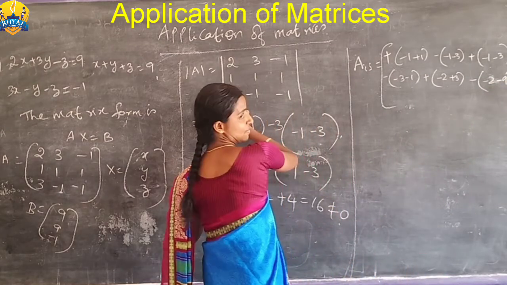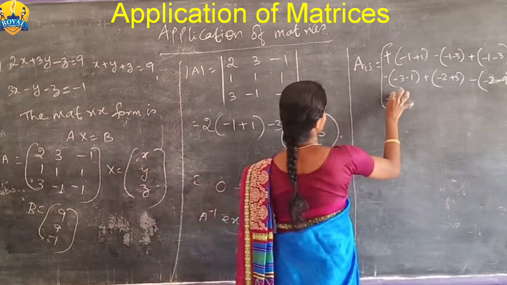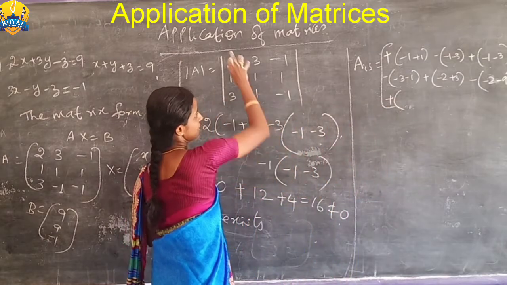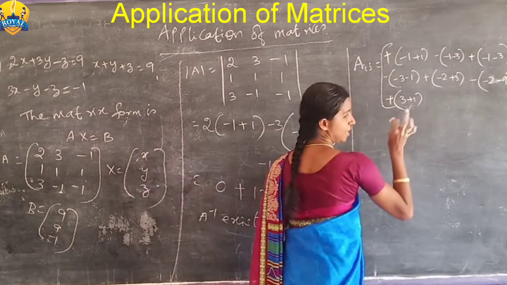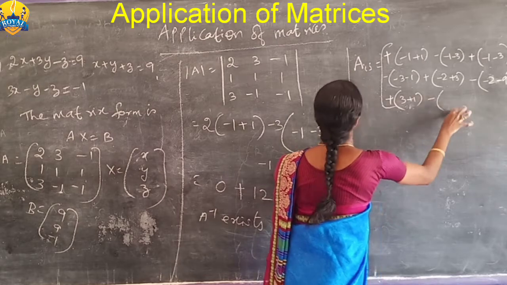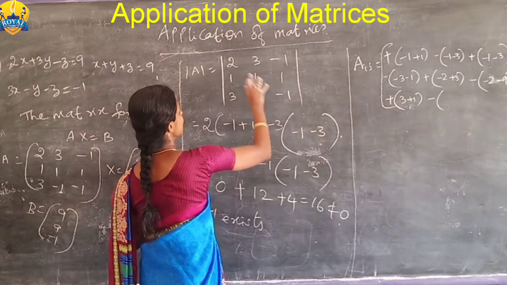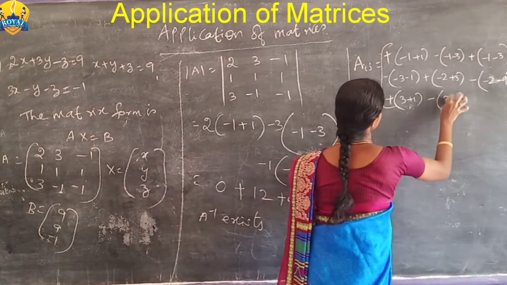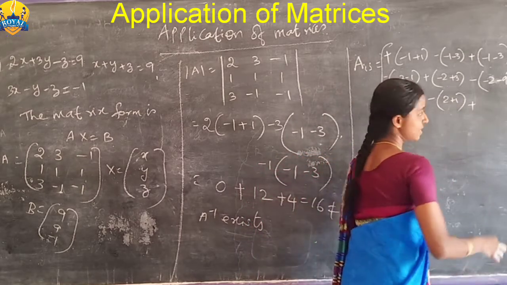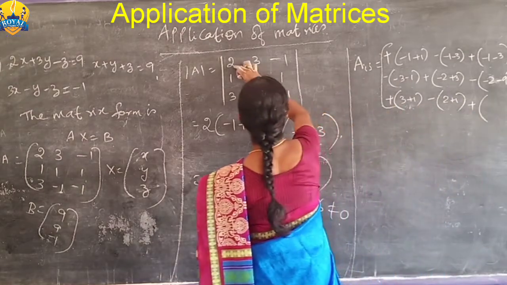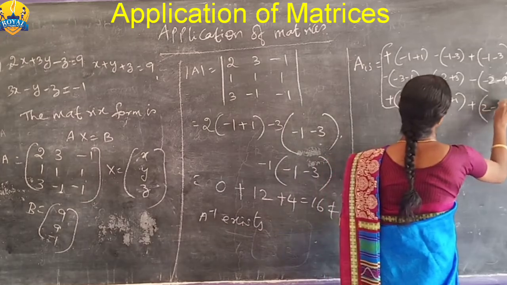Now same way A31 positive. Deleting this row and this column, 3 plus 1. A32 negative. Deleting this column and this row, 2 plus 1. Same way last element, A33 positive, 2 minus 3.